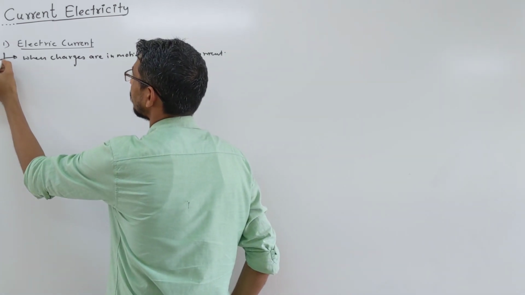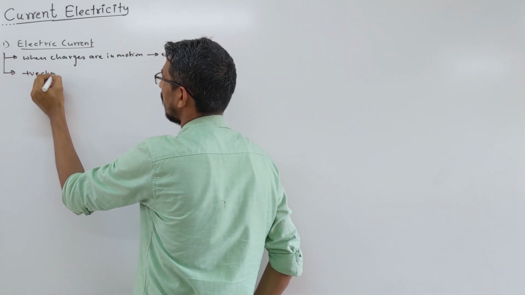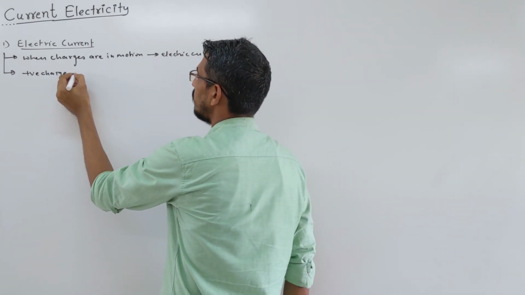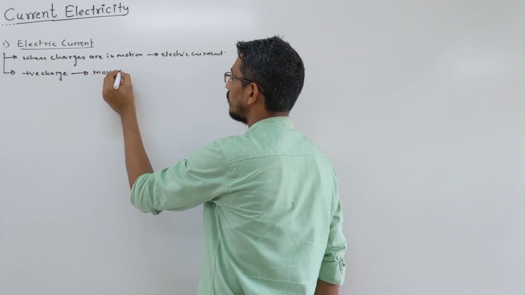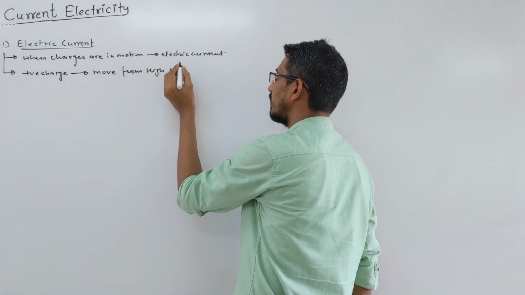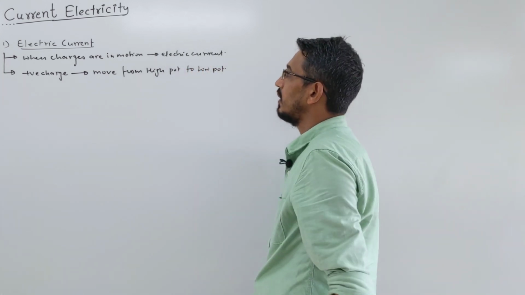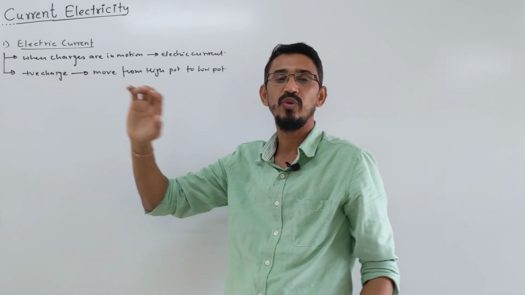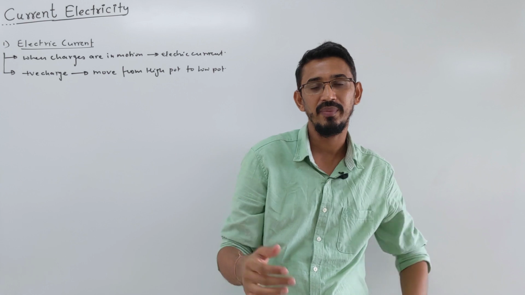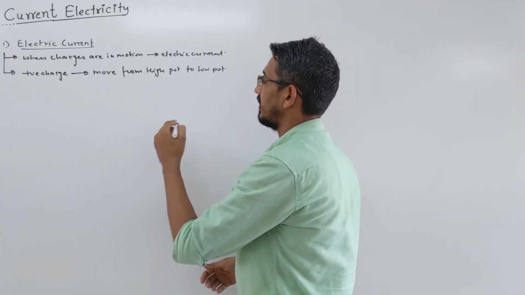Generally, if you talk about positive charge, like the hole we learned recently, how does it move? It moves from high potential to low potential. Suppose you are talking about a battery, then the positive terminal is called high potential, and the negative terminal is called low potential.